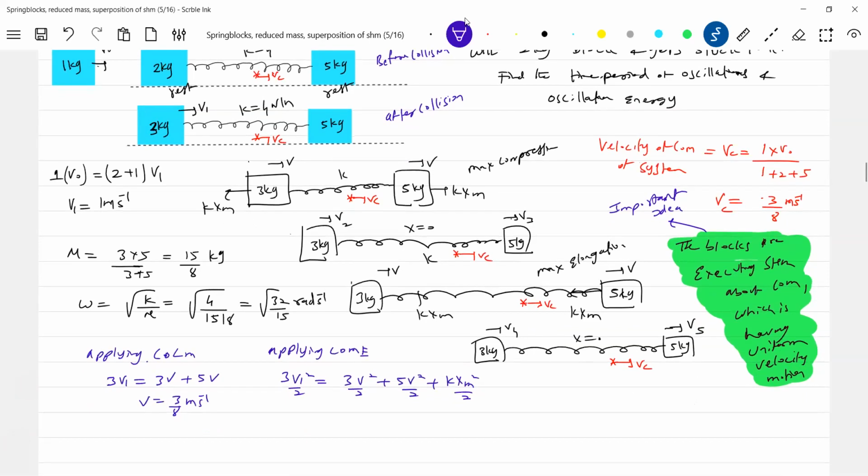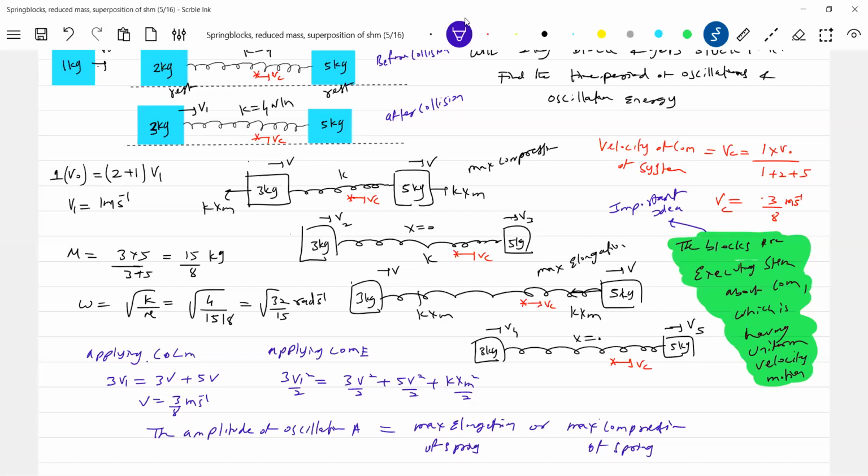So that xm I should call the amplitude of oscillations, A, which is the maximum elongation or maximum compression of spring.